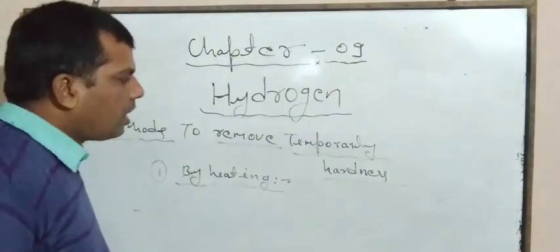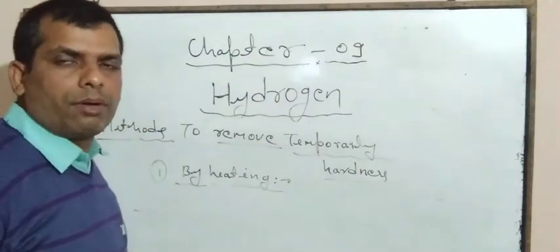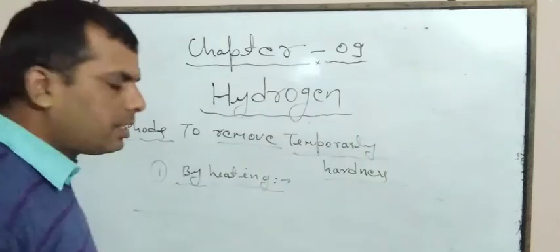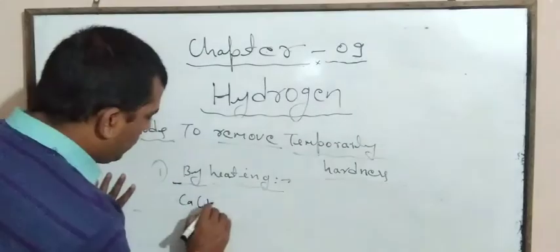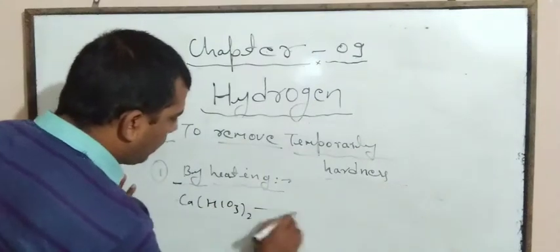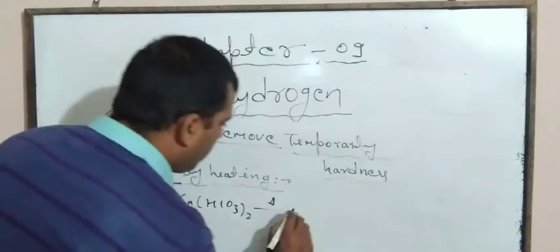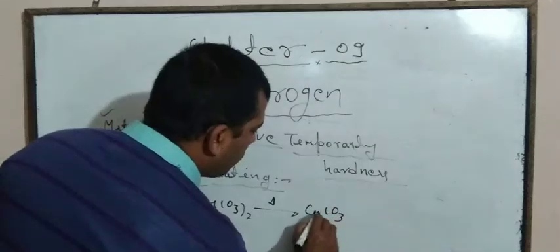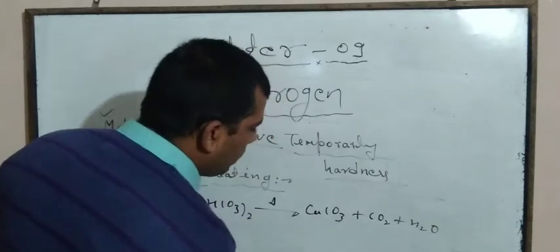We know that temporary hardness is present due to the presence of bicarbonates of calcium and magnesium. If calcium bicarbonate, Ca(HCO3)2, is heated, then it forms CaCO3 plus CO2 plus H2O.